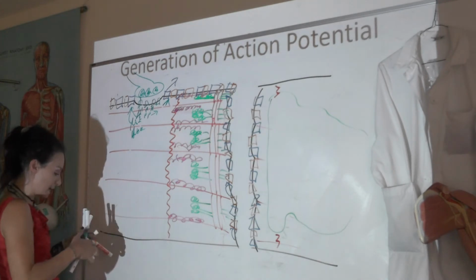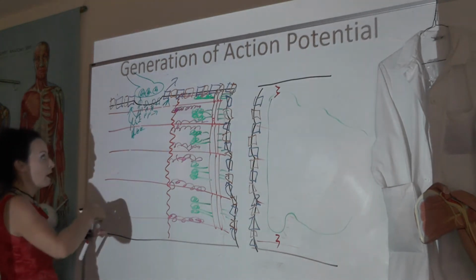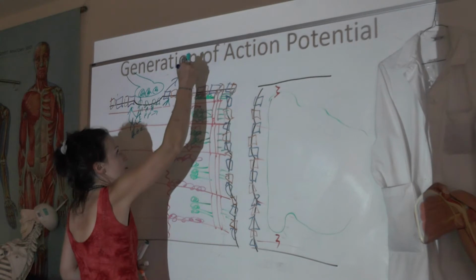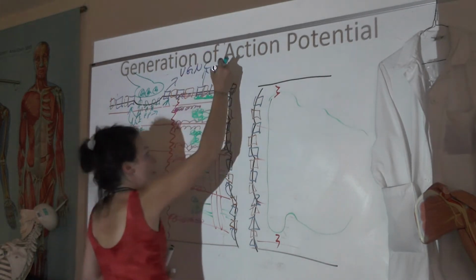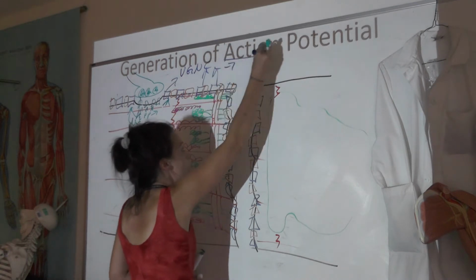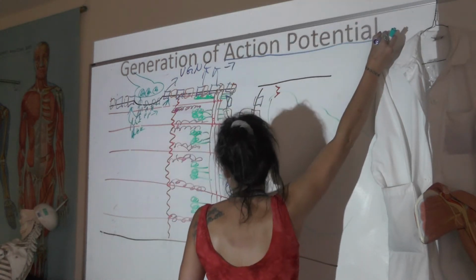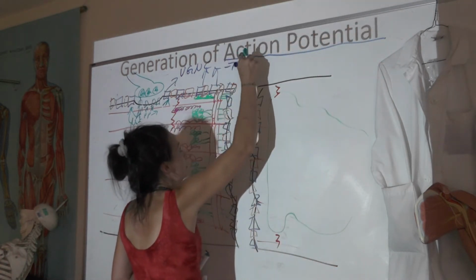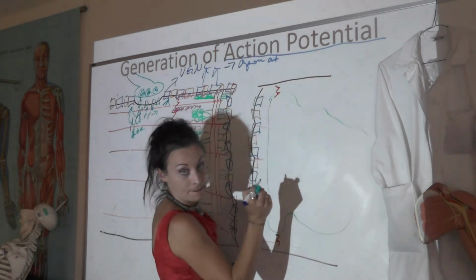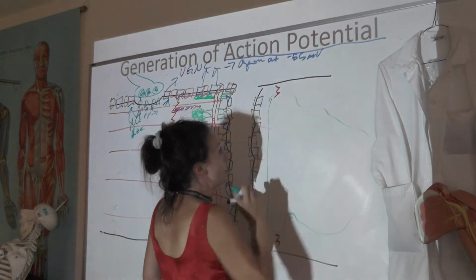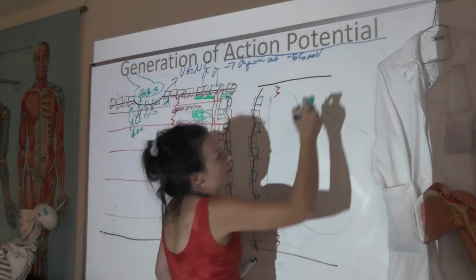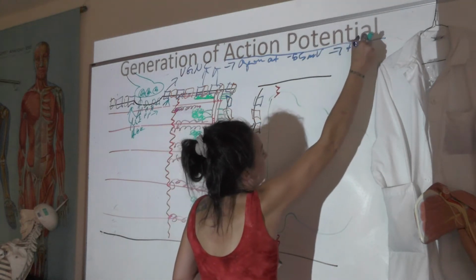So what we have here are our voltage-gated sodium channels in blue. And those, of course, are going to be responsible for the depolarizing swing of an action potential. These open at what? Negative 55 millivolts. And they stay open until when? Positive 30 millivolts.